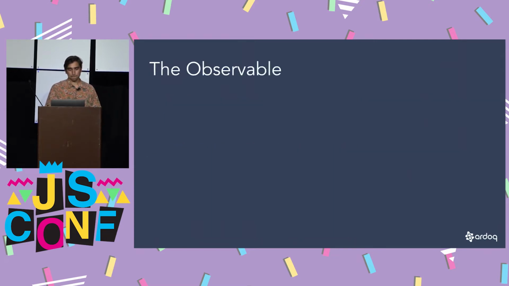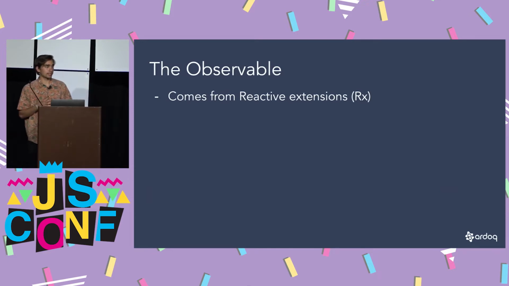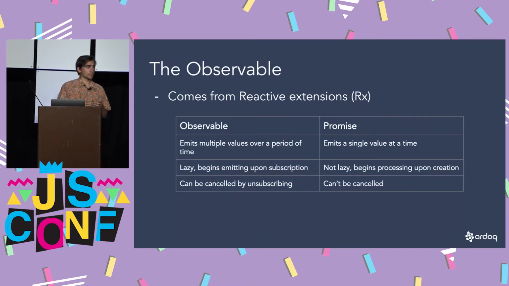So the observable was made popular in reactive extensions Rx in .NET, I think about 10, 15 years ago. And what it allowed us was to work with async code more easily. And when introducing the observable, I like to compare it with promises, as I think most of us have worked with promises.